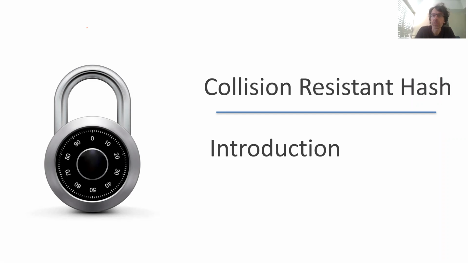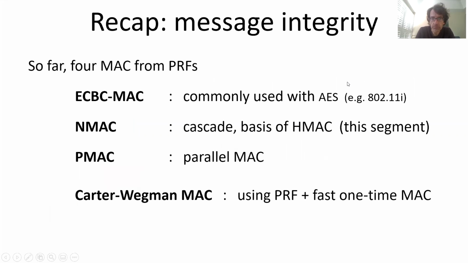A related object in cryptography that we haven't yet introduced is called a collision resistant hash. In particular, it can be used to implement a MAC, together with a PRF, but it has many other usages.